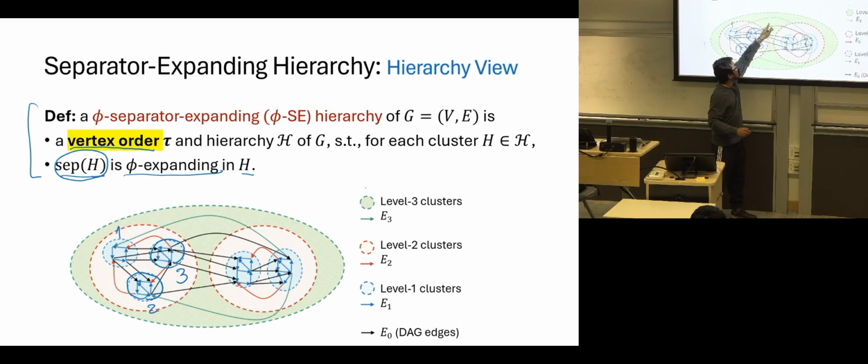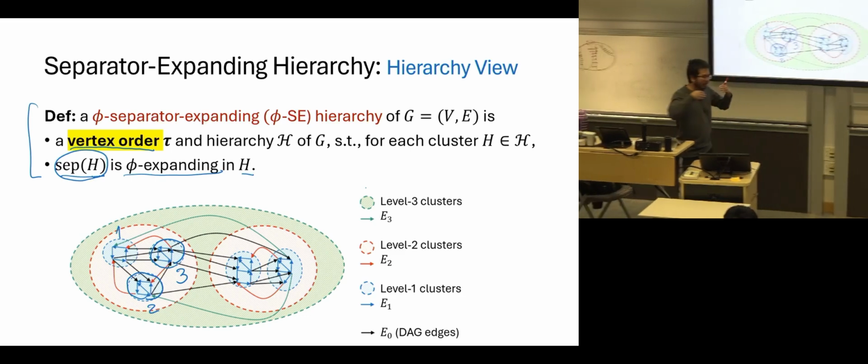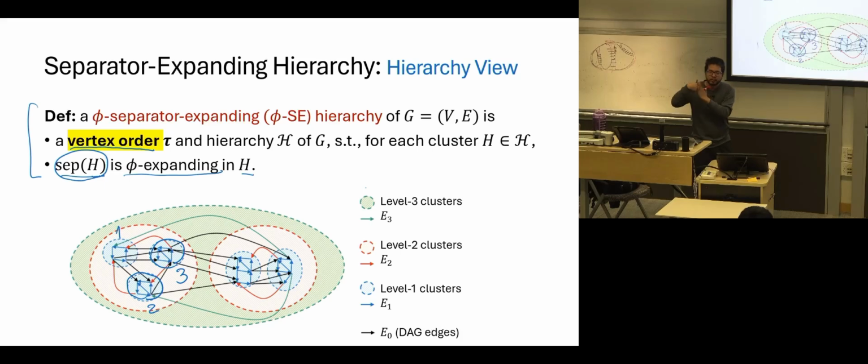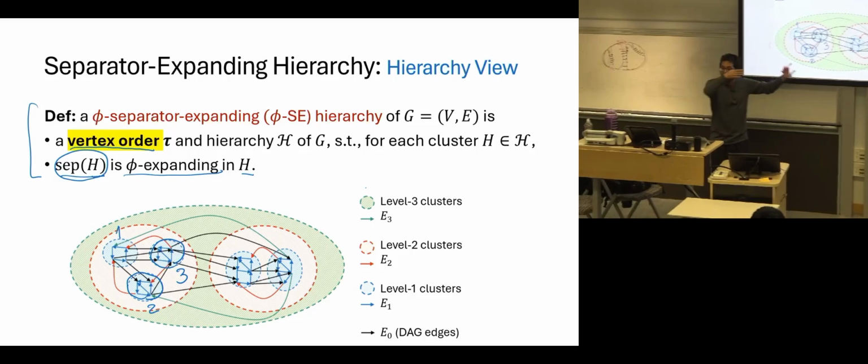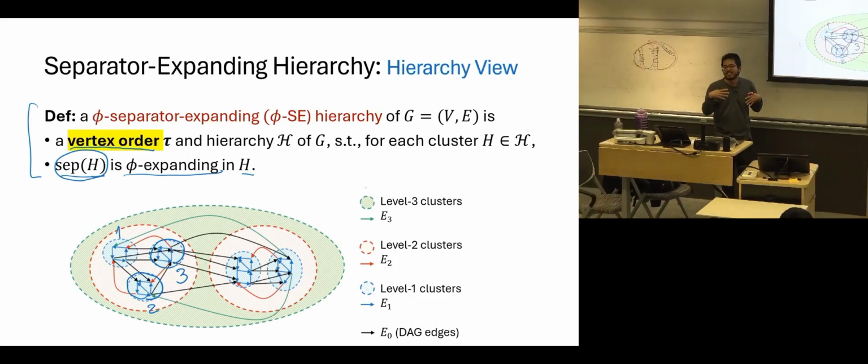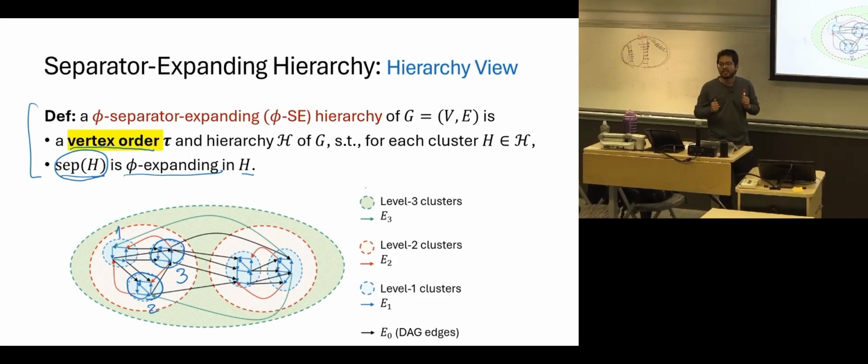I only guarantee that the backward edges crossing the components are expanding. So you should think there can be so many forward edges, and I only guarantee expansion of backward edges.